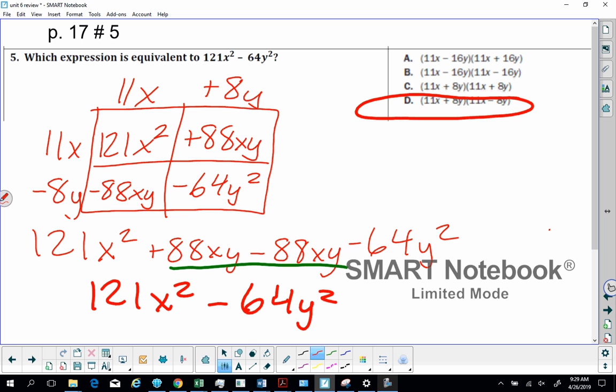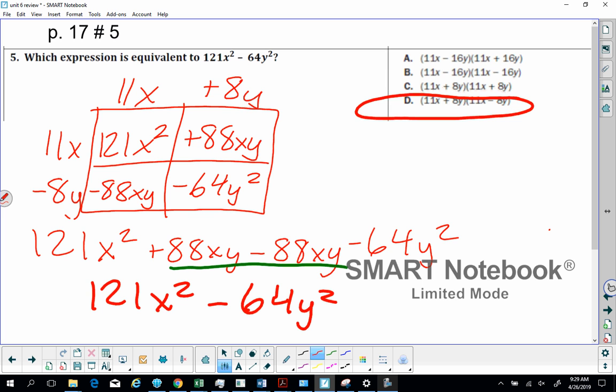If you wanted to do table twinsies, the tricky part of it is that you don't have the ability to do 2 different variables in your table. So what you have to do is just pick a number for y and plug it in.